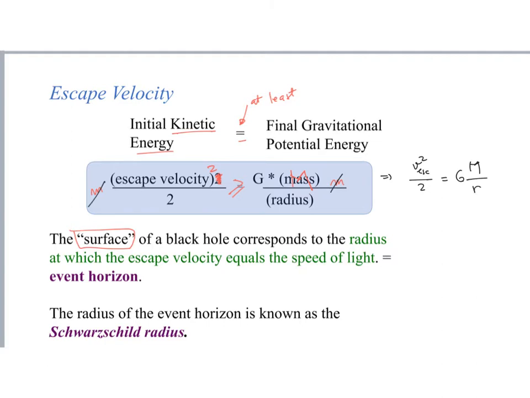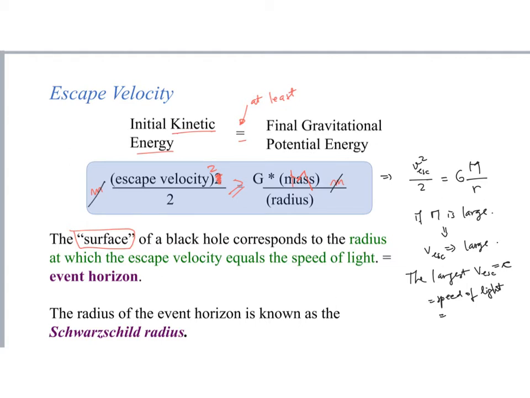Okay, so at some point, if M is large, v escape is going to be large as well. The largest v escape is going to be the speed of light. There is nothing faster in this universe, nothing faster than light.